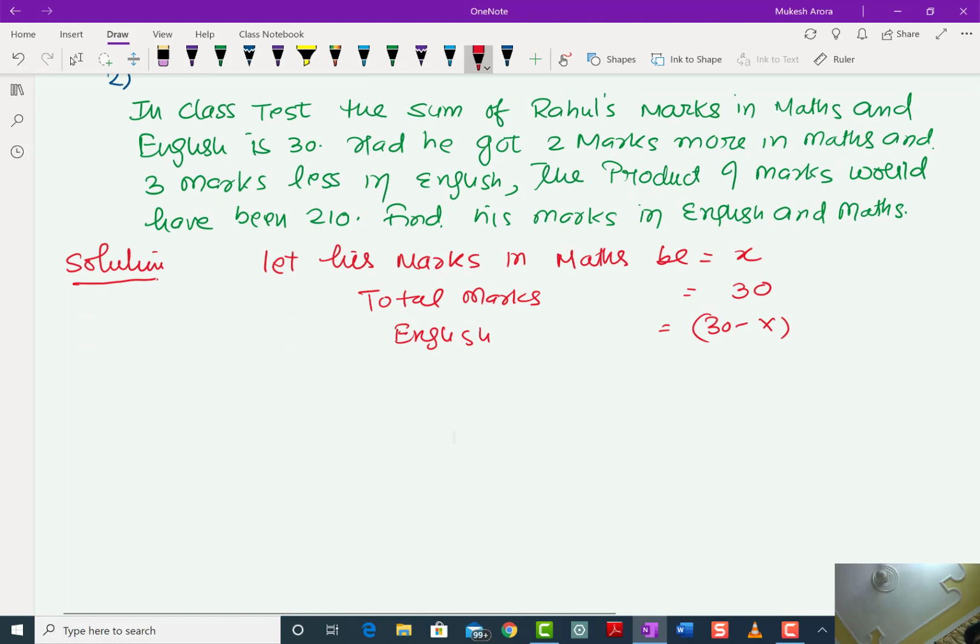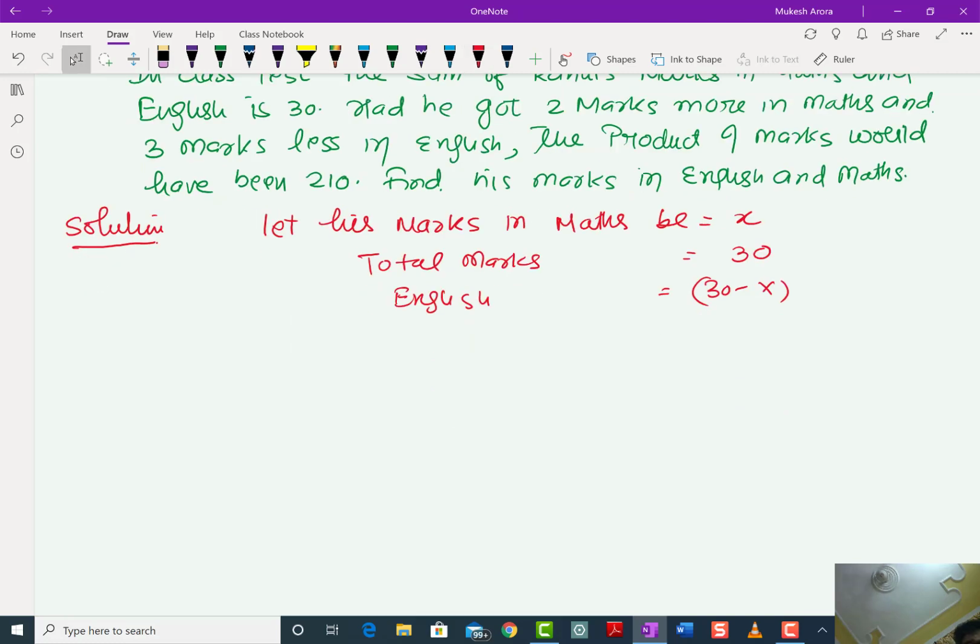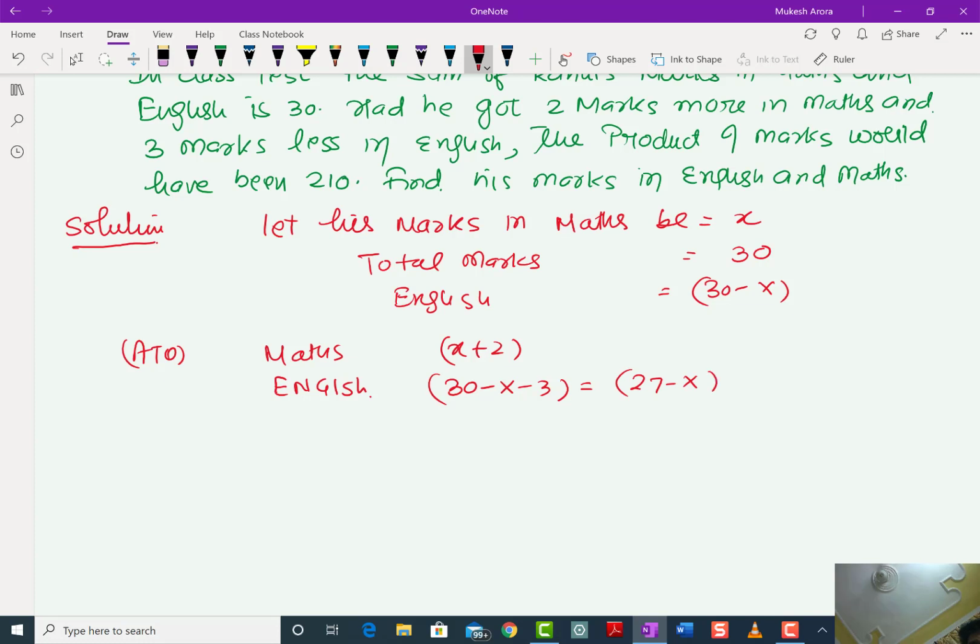Now the question says, had he got 2 marks more in maths, according to the question, maths is x plus 2. English is 3 marks less: 30 minus x minus 3, that is 27 minus x.